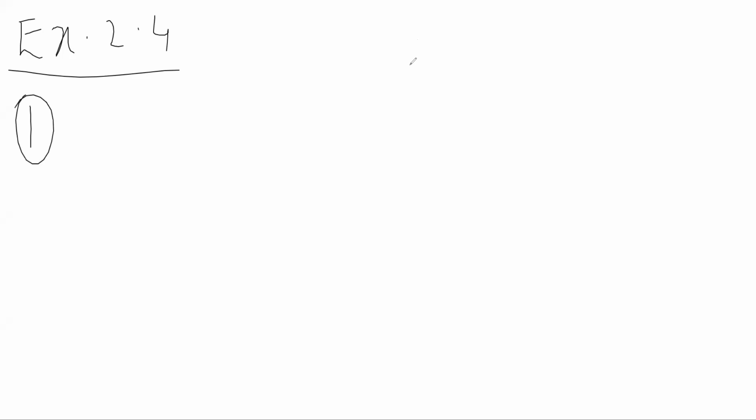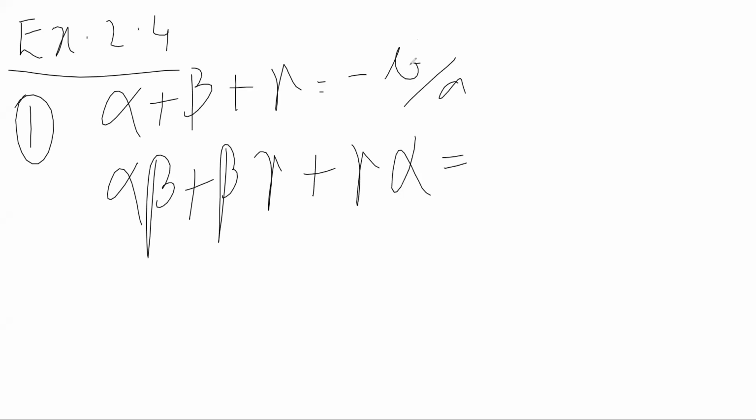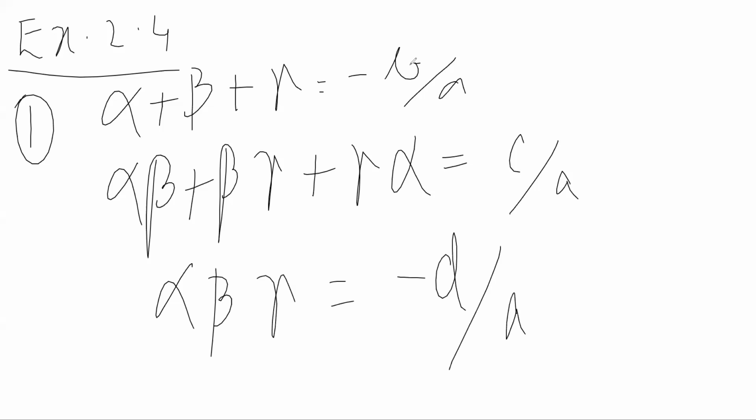We had already learned for a cubic polynomial that alpha plus beta plus gamma is equal to minus b by a, alpha beta plus beta gamma plus gamma alpha is equal to c by a, and alpha beta gamma is equal to minus d by a. If you have any doubts in solving this question, please refer to the previous session. We had already solved one such question. So you can solve both the subdivisions of the first question.